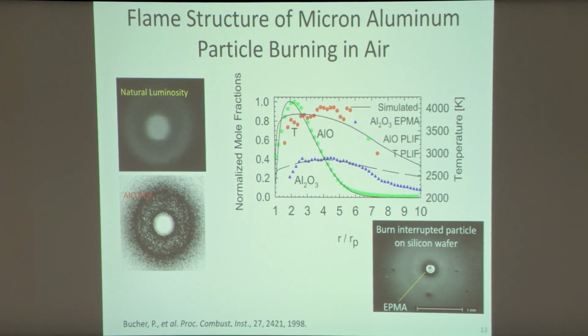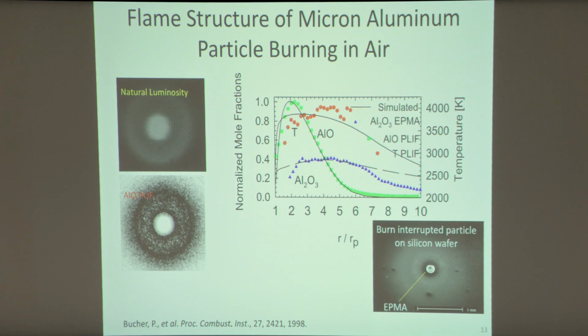Now, we tried to get temperature measurements around a single burning aluminum particle. These particles are about 200 micron in diameter, and we used basically planar laser-induced fluorescence to do these measurements. However, we could not use a thin sheet because of the smoke that was being formed, and that scattered the radiation, and so we didn't know where the LIF image was coming from.